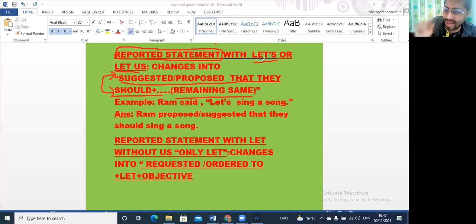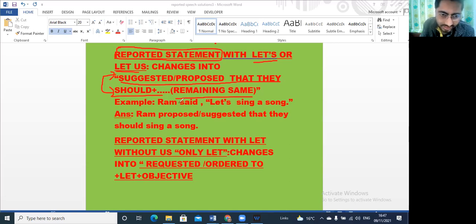Here blah blah represents the remaining part, the objective part or the predicate part of the reported statement, which is changed according to the rules. Remaining rules are the same.